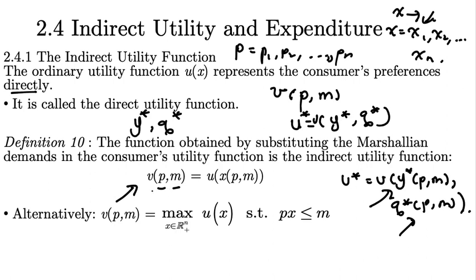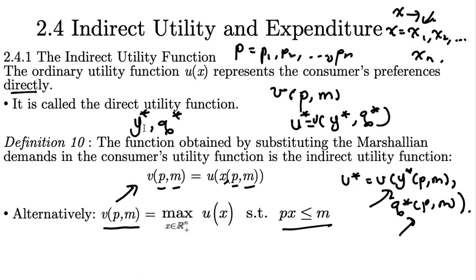But this indirect utility function can be rewritten using the direct utility function. The direct utility function is a function of goods in bundle X, and bundle X here depends on a vector of prices and also income. So alternatively, we can write the indirect utility function as equivalent to the utility level that is maximized subject to the budget constraint.